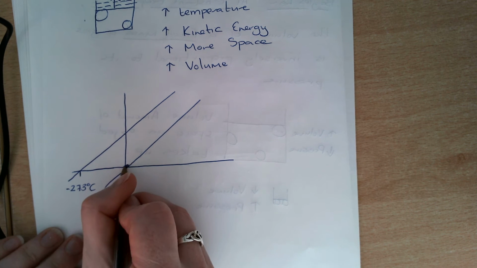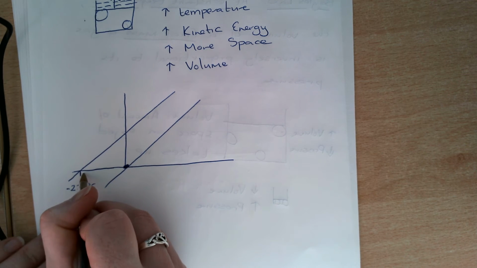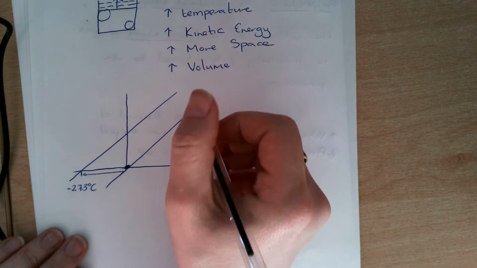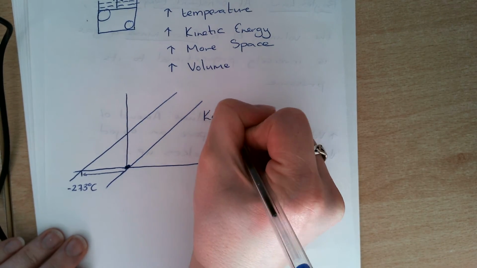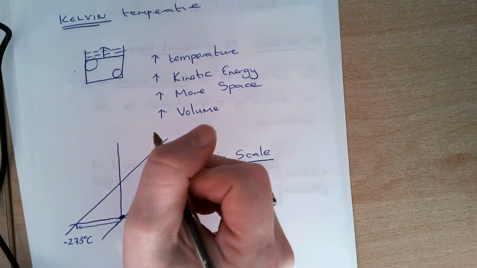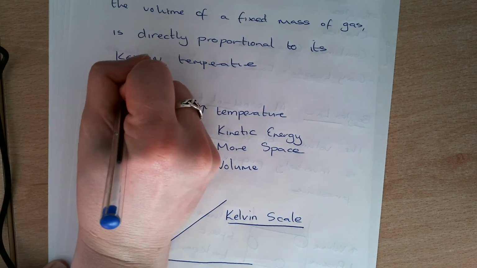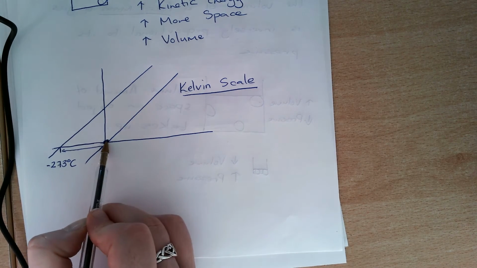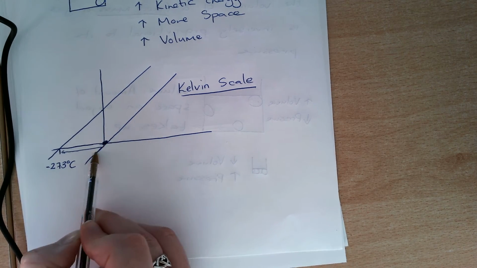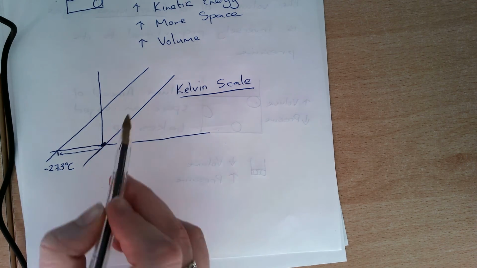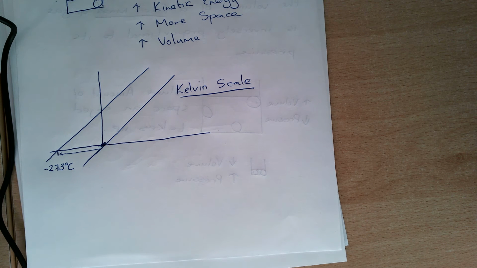So because of that, I have to add on 273, and when I do that, I am on my Kelvin scale. So in the definition, I have to write Kelvin because it will only go through 0, 0 when I have it on the Kelvin scale. So we have to write Kelvin temperature in our definition.